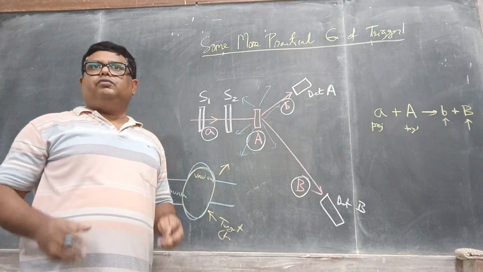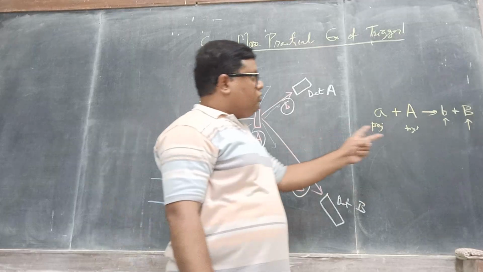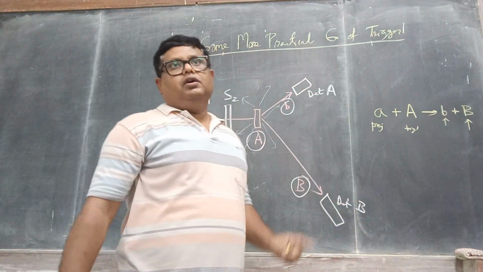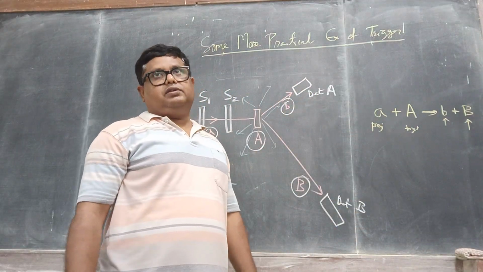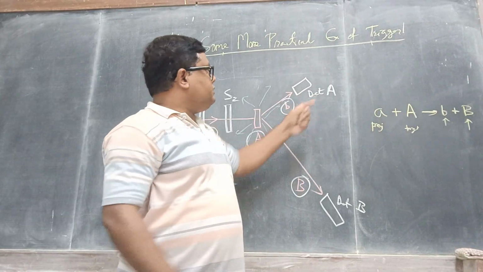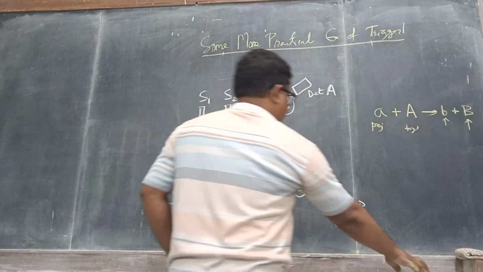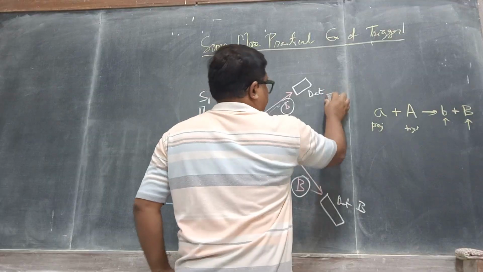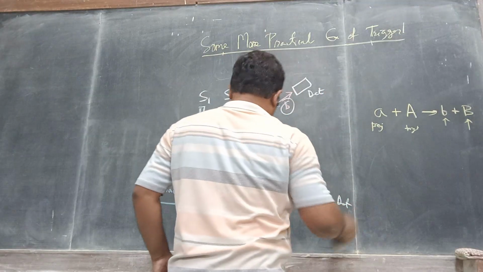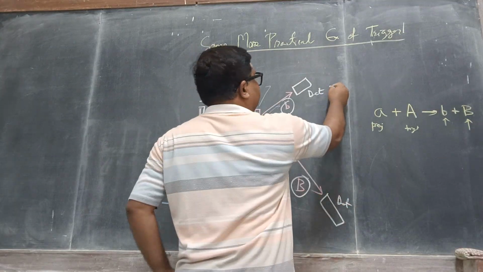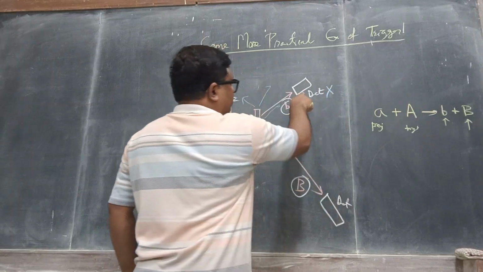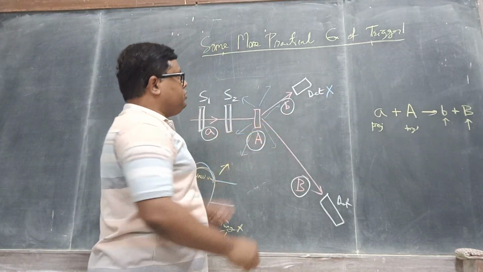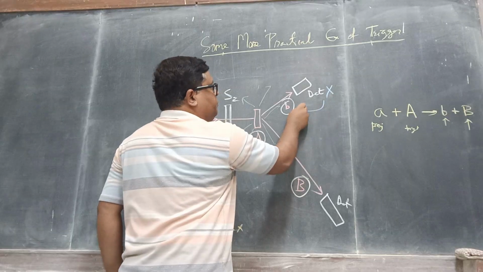Now, what will we do? Since we have got two outgoing particles over here, we are going to use two detectors. Let me name the detectors. Suppose this is your detector X. This detector X is used to detect the particle b.